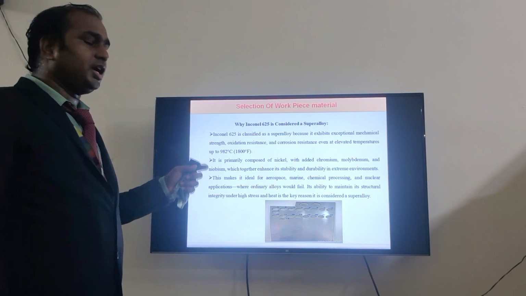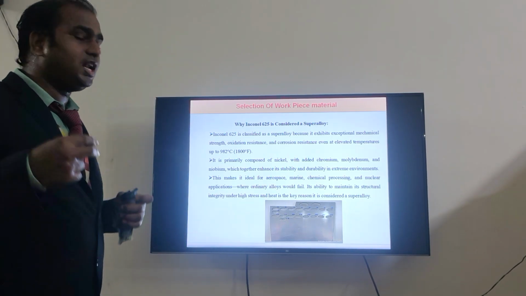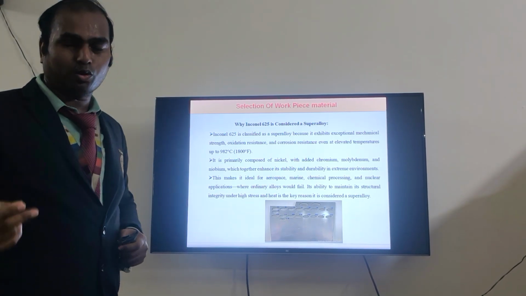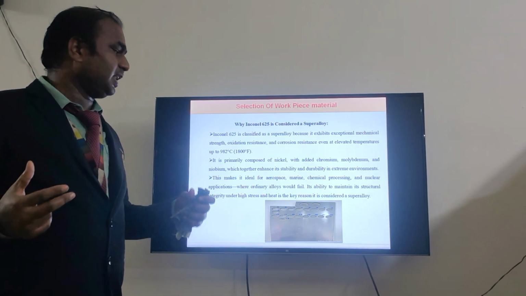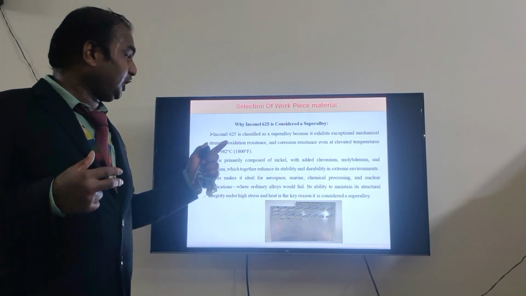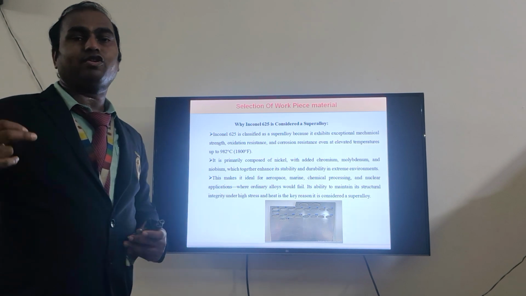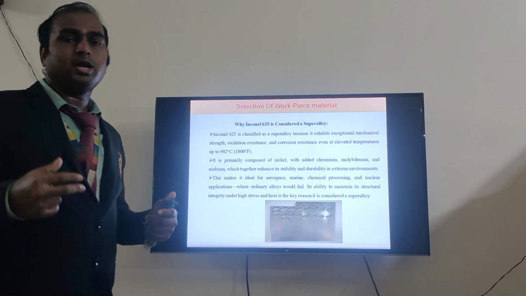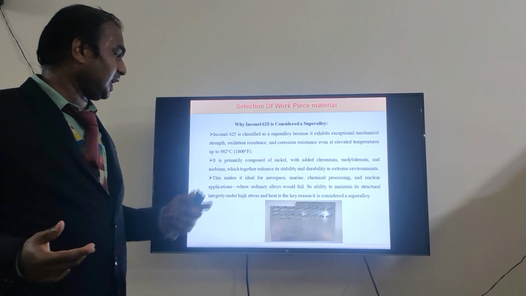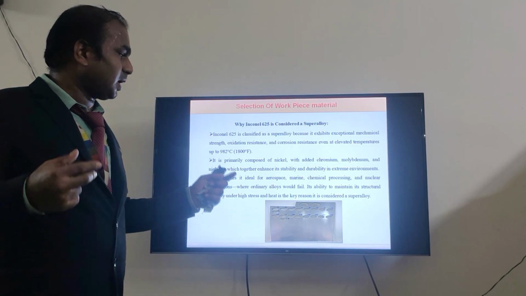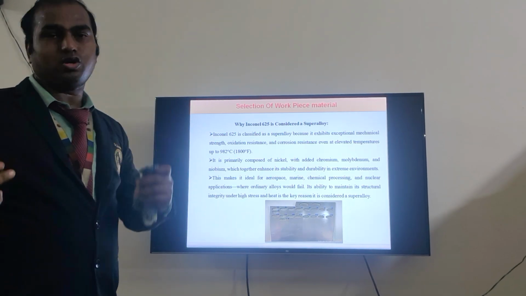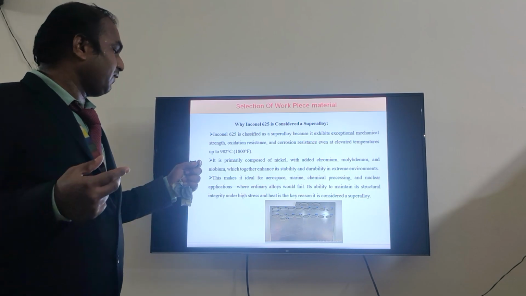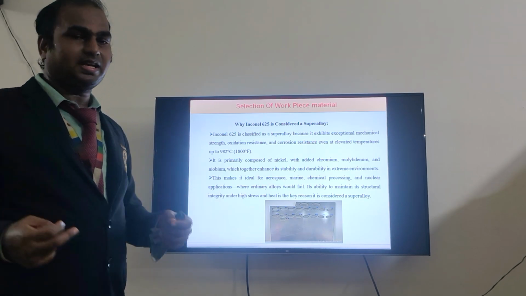It is a composition of a highly nickel-based alloy with chromium, molybdenum, and niobium, all together enhancing stability and durability in extreme environmental conditions. This makes it vital for applications like aerospace, marine, chemical processing, and nuclear applications.